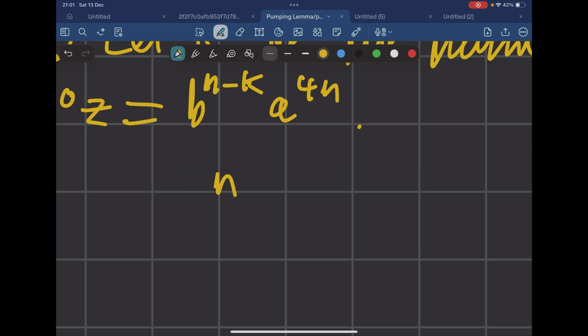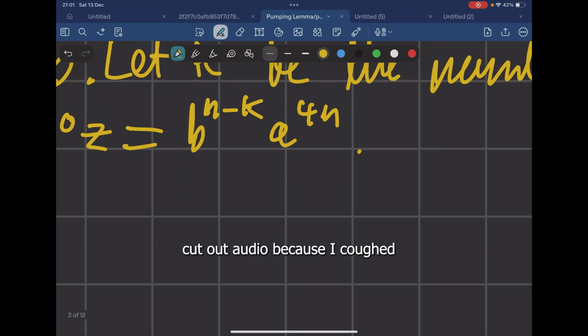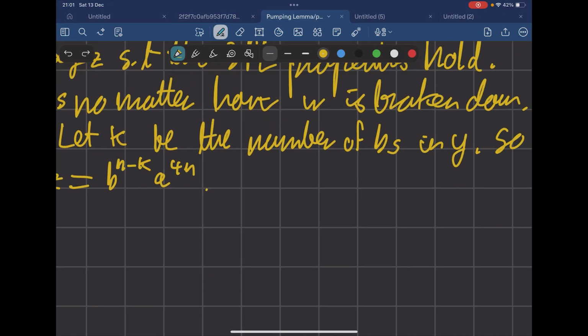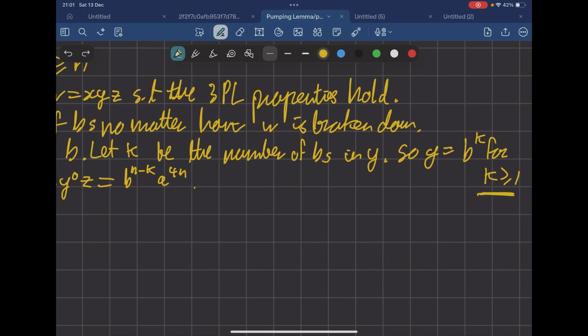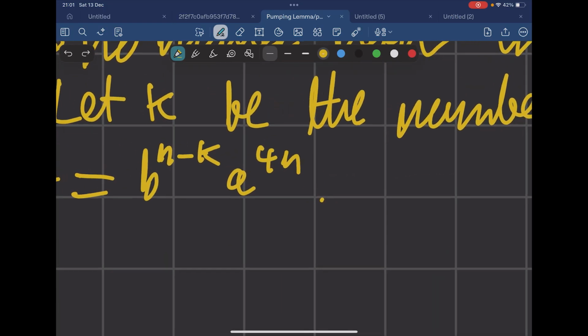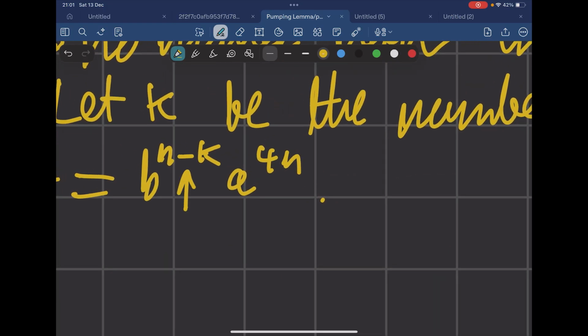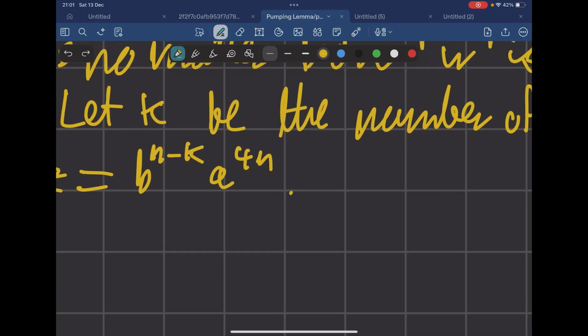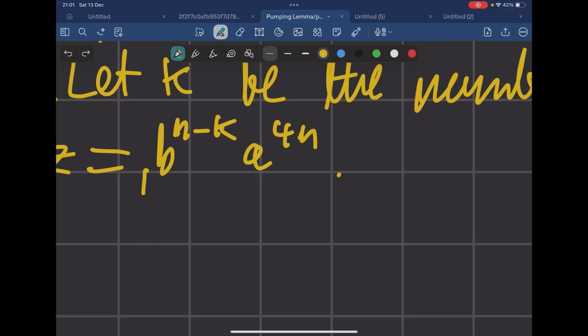So what we need is to have n b's, but we have n minus k b's. And because k must be greater than or equal to 1, so k can't be 0, n minus k cannot equal n. And so there's no way that this string has 4 times as many a's as b's.